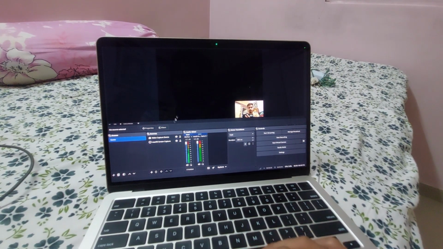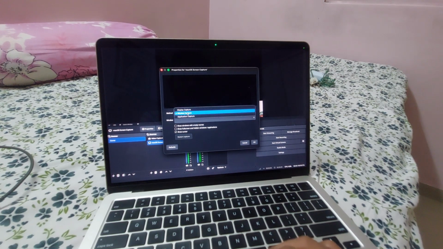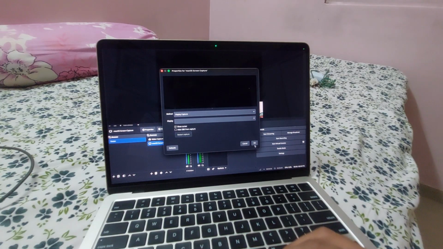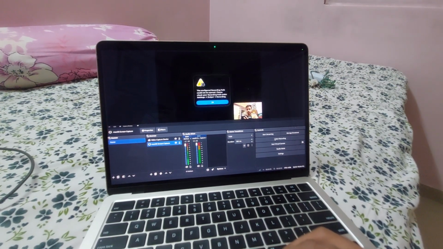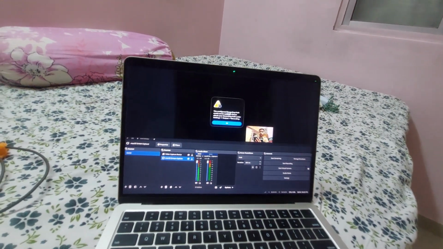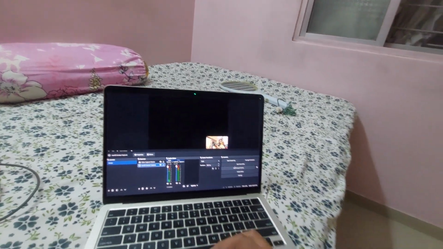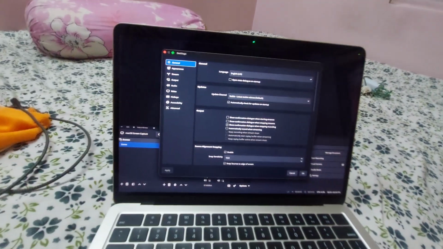I mean, what the fuck happened? Okay, we'll see. Start. Configure recording path could not be opened. Please check your recording path under output recordings.